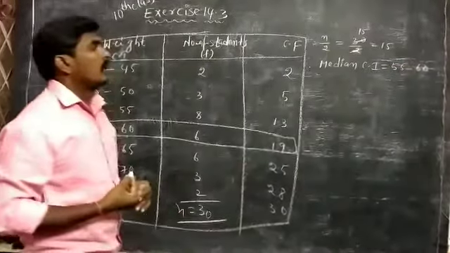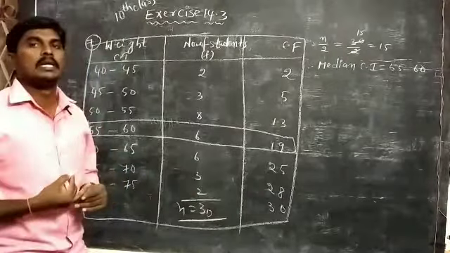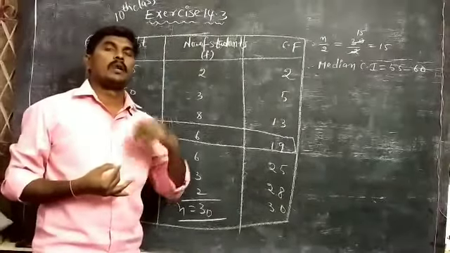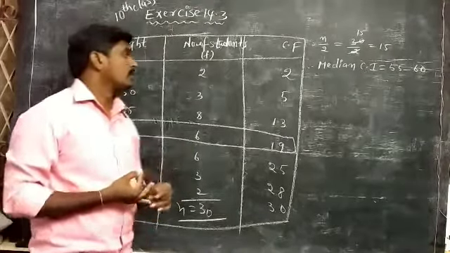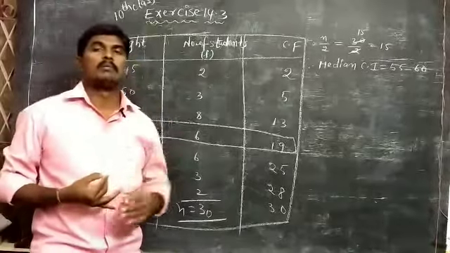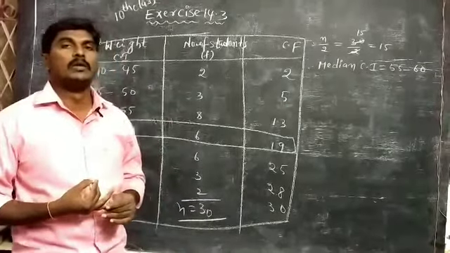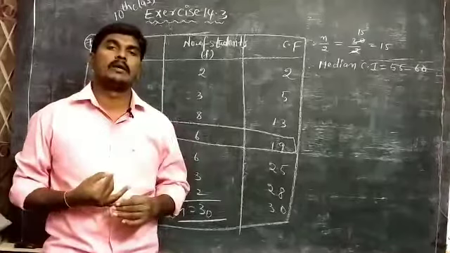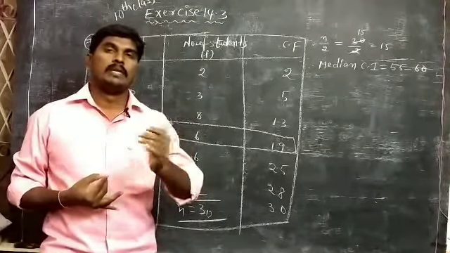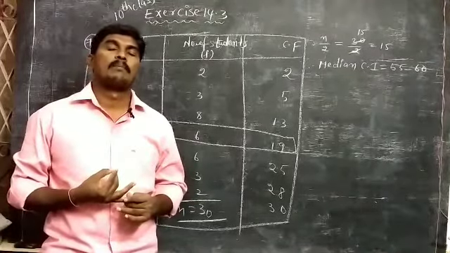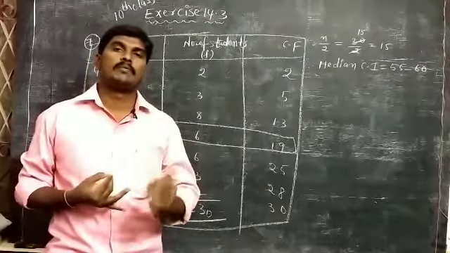After finding the median class interval, next we use the formula for the median of grouped data: median M is equal to L plus (n by 2 minus cf) by f, into h.